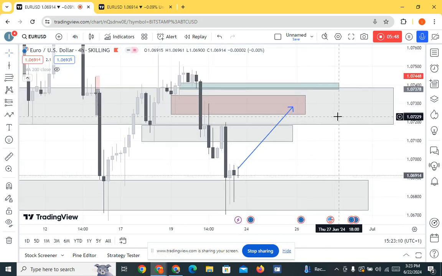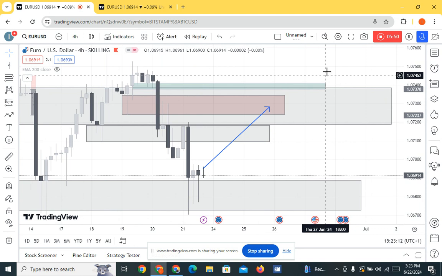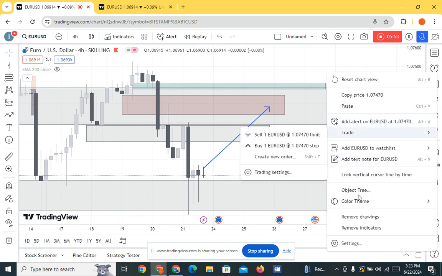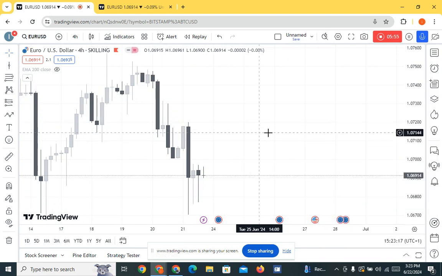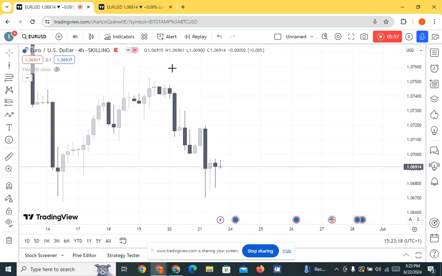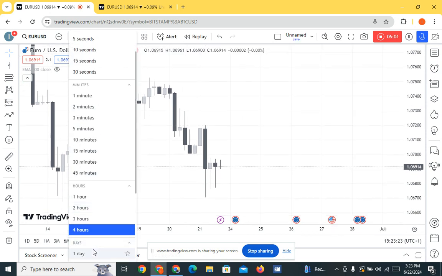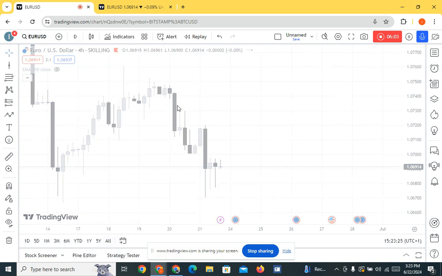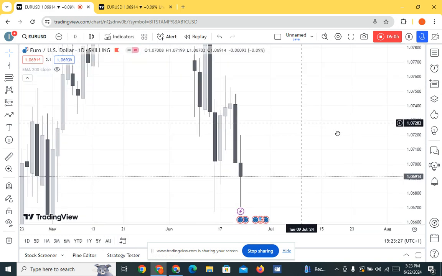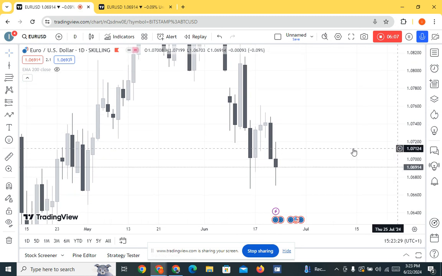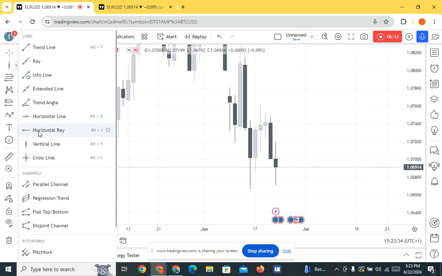So that is my look for Euro USD for this week. Let's just do a quick recap. So Euro USD on the daily time frame, we are seeing this level that hasn't been taken out. Let me just get the line.